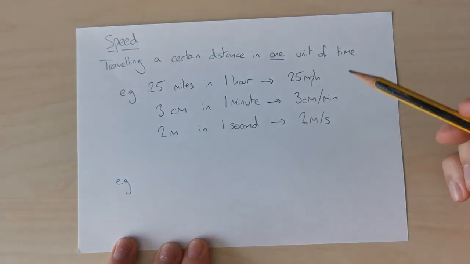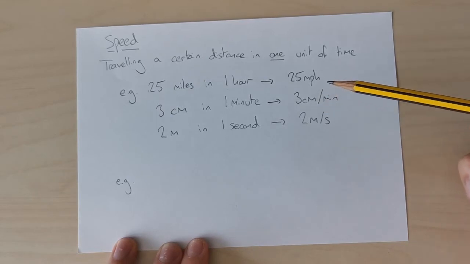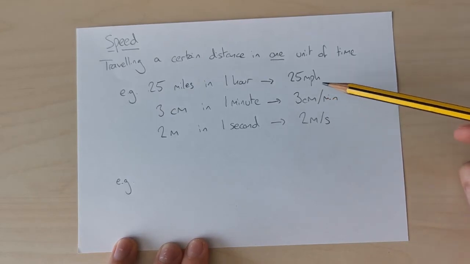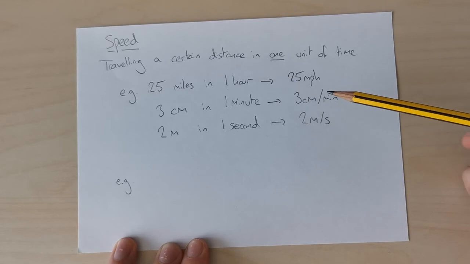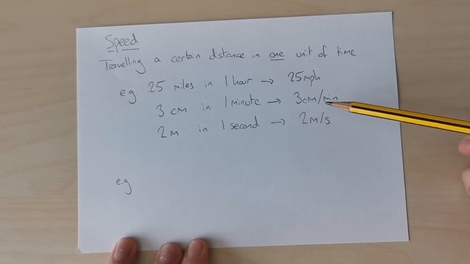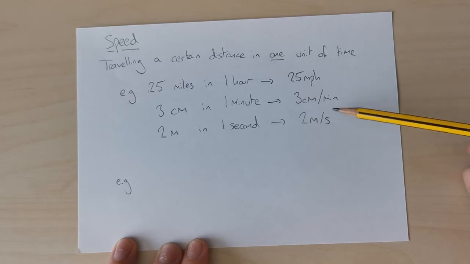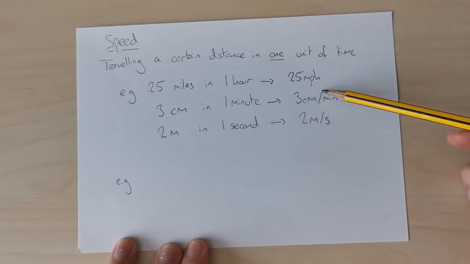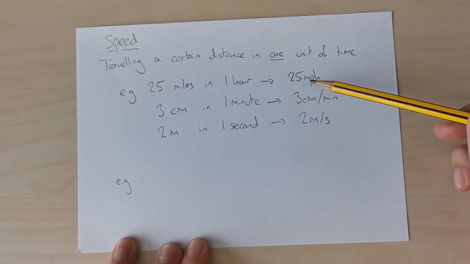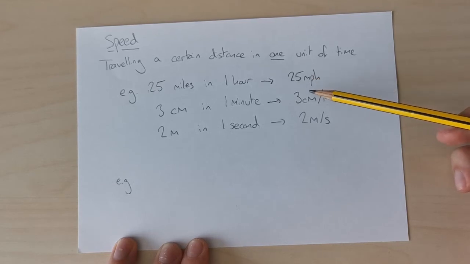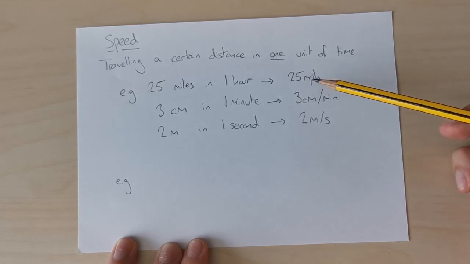Now just have a quick look at how we've written some of these units here. More often than not, we see the distance written in units, a slash meaning for every 1, and then min here or s here being our units for time. So 3 centimetres per every 1 minute, 2 metres per every 1 second. Miles per hour, this is the only one where you would see a little letter p in here.